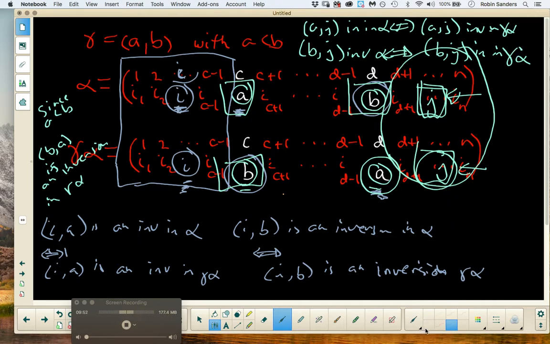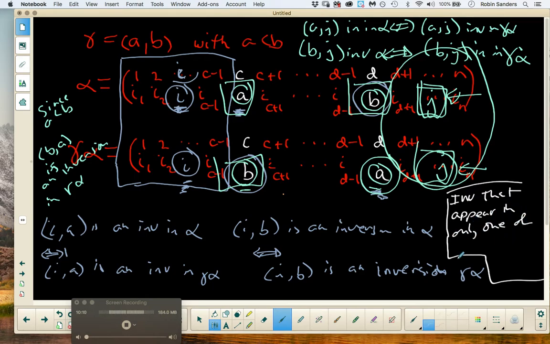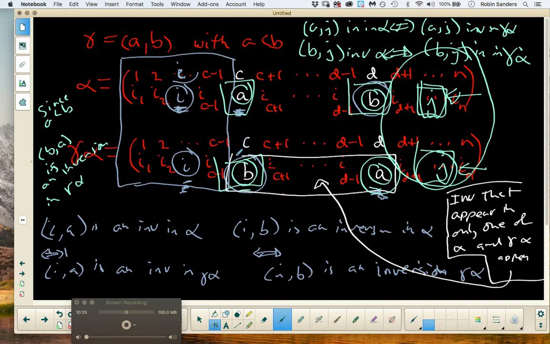And the net result of this means that the inversions that appear in only one of alpha and first do alpha, then do gamma, appear in this chunk here on these two rows.